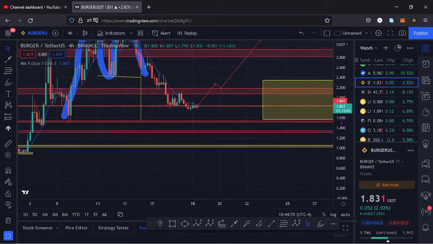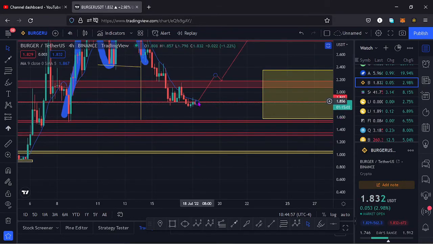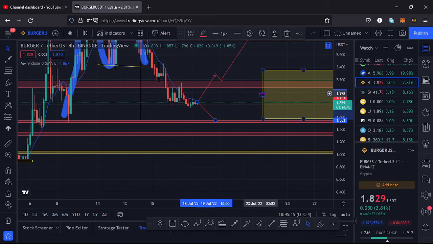The other one is that we might not be able to break above this key area of resistance, and maybe have a little bit of a pullback to the lower side, and when that happens, we might find support at around the $1.55 mark, and that would be maximizing this yellow target that I have drawn out using the Fibonacci's, and also the target area we have found using the height of the neckline of the double top.